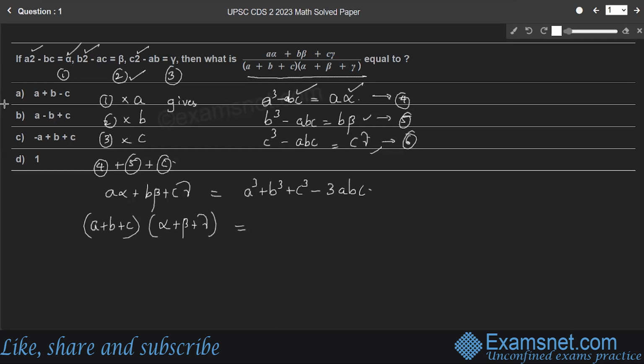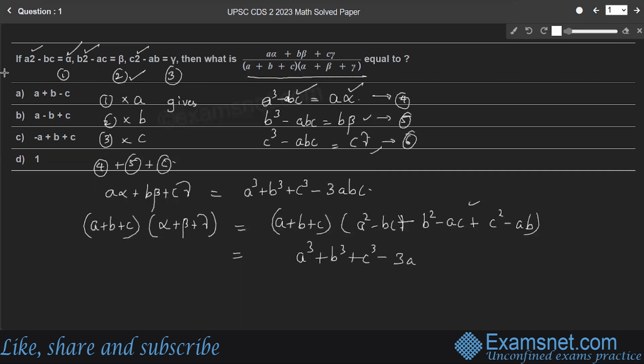Given that alpha is a square minus bc, beta is b square minus ac, and gamma is c square minus ab, we'll substitute these values. So a plus b plus c into alpha, which is a square minus bc, plus beta, which is b square minus ac, plus c square minus ab. When you expand these two terms, you will get the same answer, a cube plus b cube plus c cube minus 3abc.